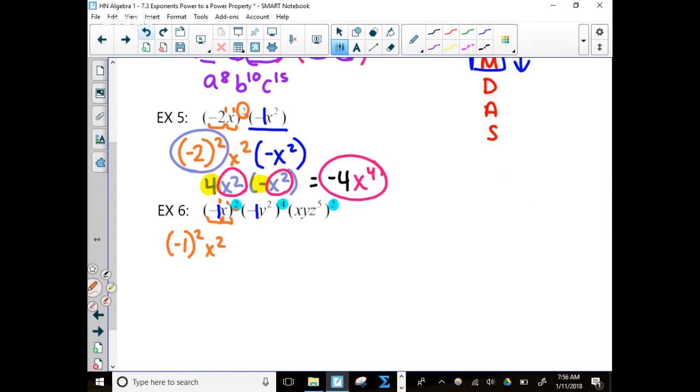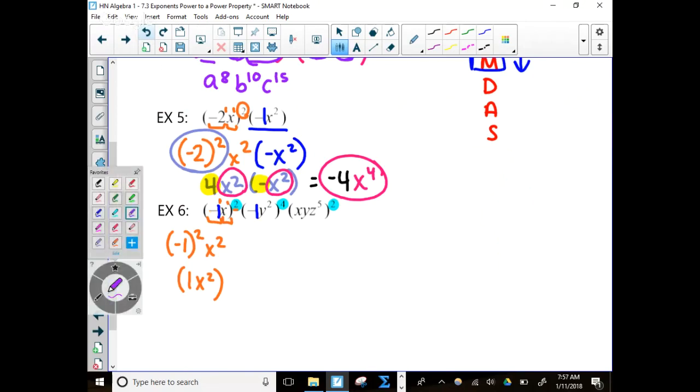Okay, real quickly, what's -1 times -1? Hopefully you would say 1. This would be 1x squared. Okay, so this is why it matters, because this -1 turned to a positive. If you didn't do it correctly, you would still end up with a negative, which would throw off your answer. All right, next thing.